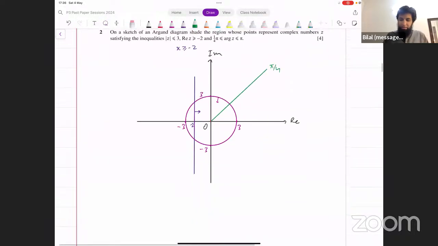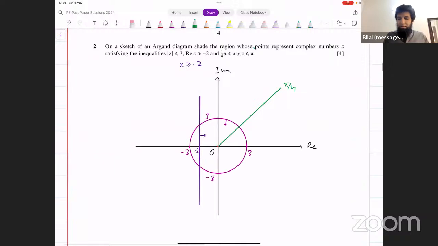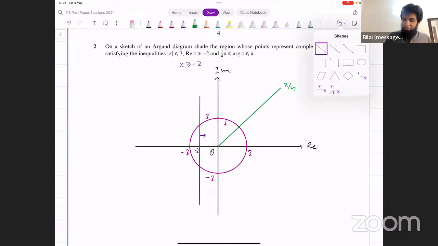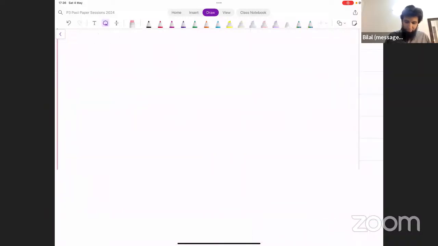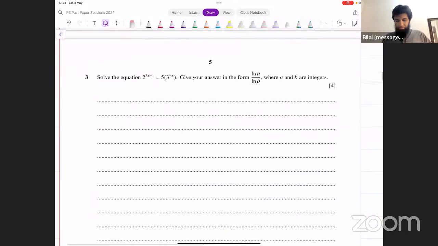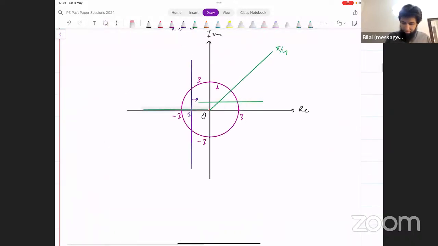And then the other limit for the angle is pi. Where is that going to be? Start measuring from the positive real axis, pi radian. That will be on the left side here. That will be here. This is pi radian. This is the line that represents pi radian.